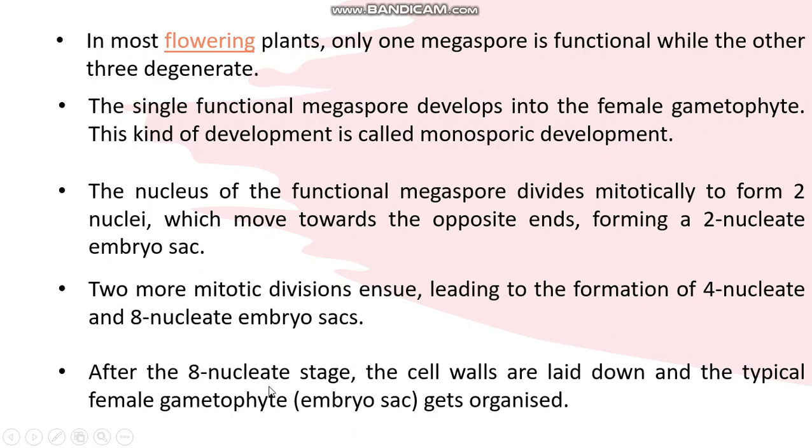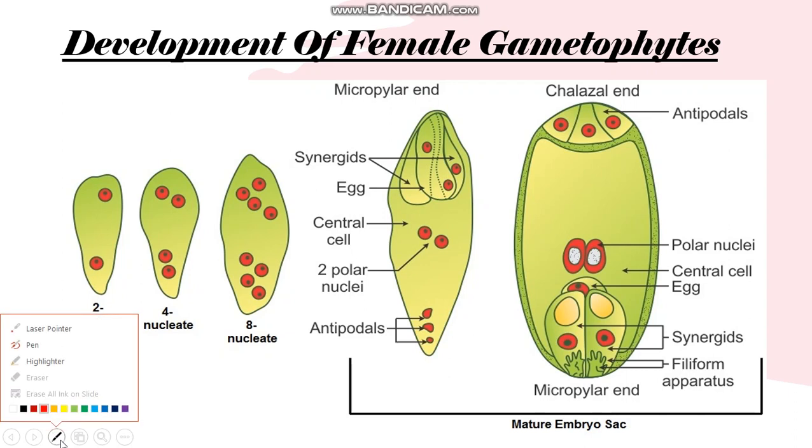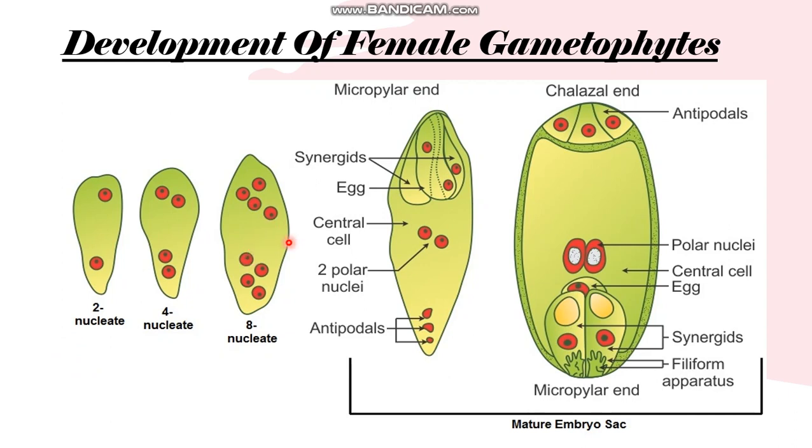Now after the 8 nucleate stage, the cell walls are laid down around them. You can see here, four nuclei are there on each opposite pole. One nucleus from each pole migrates and comes to lie in the center. So at each pole, 3 nuclei are left.